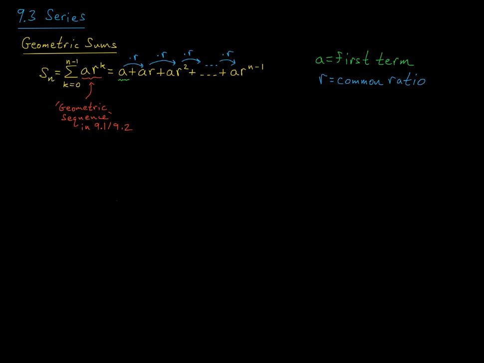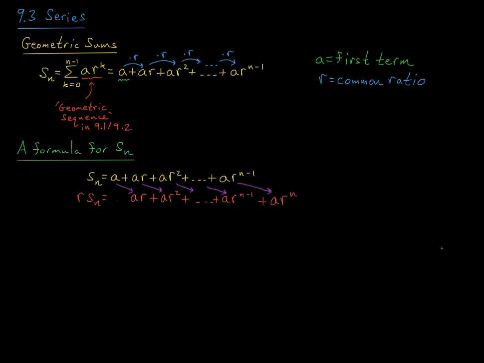All right, so now let's go ahead and derive a formula for S sub n. So here we have S sub n, and note that if I multiply S sub n by r, well, a gets multiplied by r to give me ar, then ar gets multiplied by r to give me ar squared, then ar squared gets multiplied by r to give me ar cubed, so on and so forth.